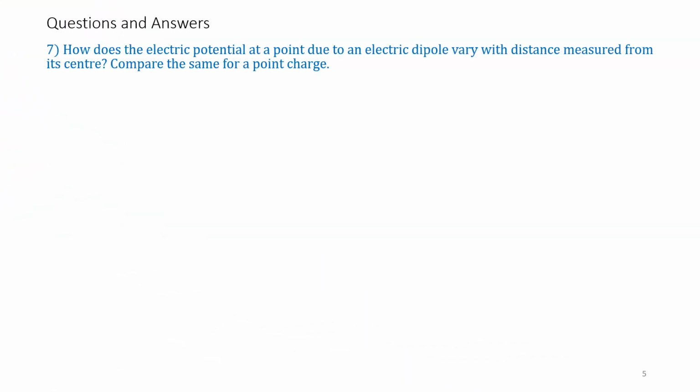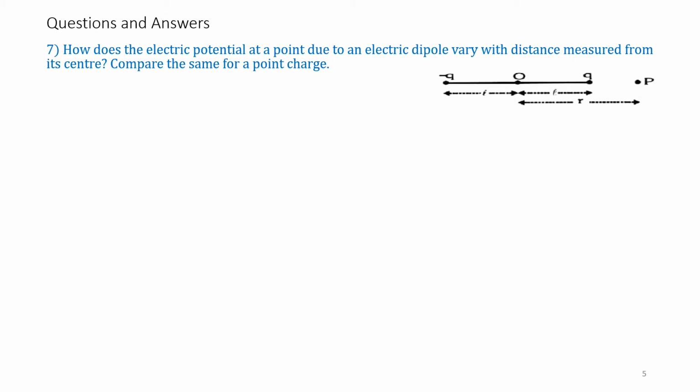Question number 7. How does the electric potential at a point due to an electric dipole vary with the distance measured from its center? Compare the same with a point charge. Here he is asking the electric potential at a point due to a dipole. See, this is a dipole.